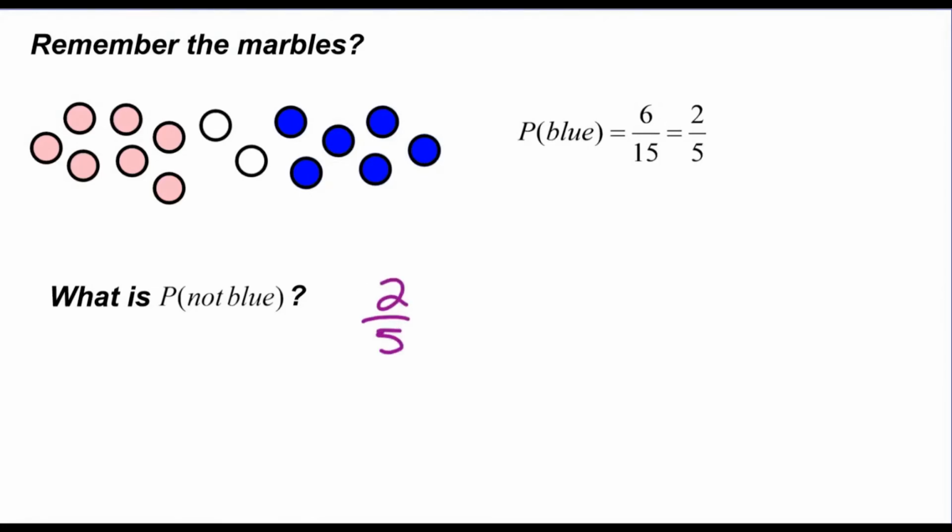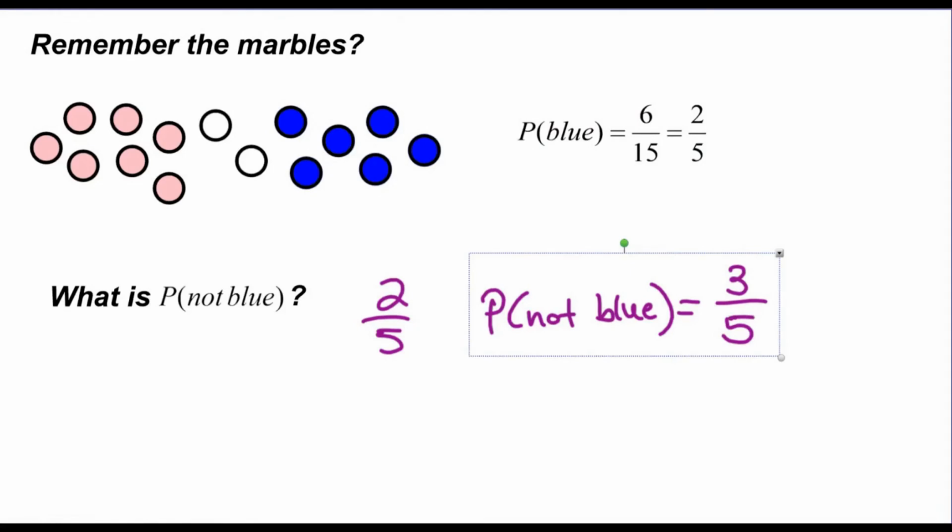So the probability of not getting a blue has to be all the other possible outcomes. So that would be the remaining 3 out of 5. So the probability of not getting a blue has to be 3 out of 5, because 3/5 plus 2/5 is 1 whole, or 100%.